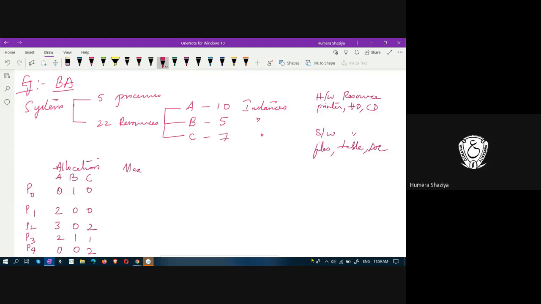You can have 5 hard drives. So A can be a printer, B can be a hard drive, like that. Here instead of giving the names of the actual resources, hypothetical names have been given like A, B, C, like how we use X in mathematics.